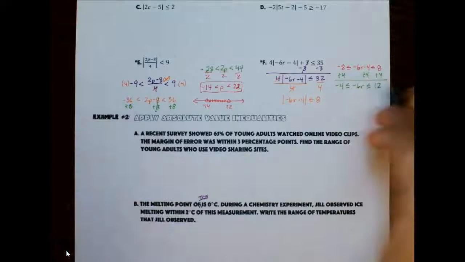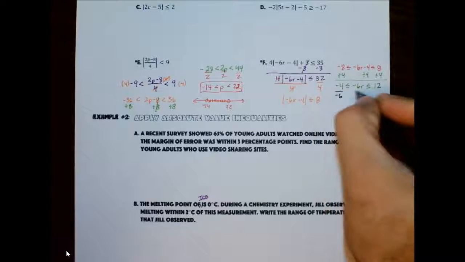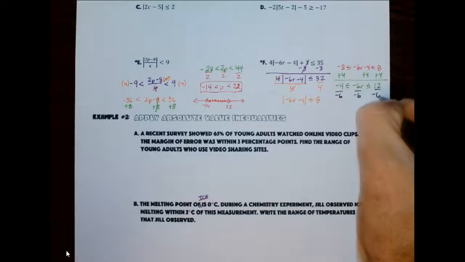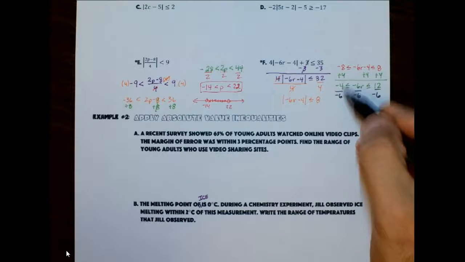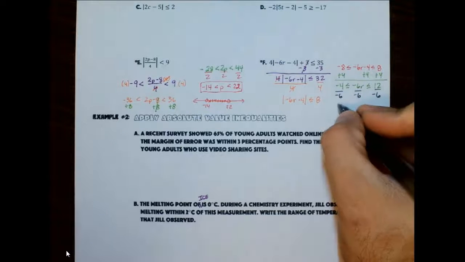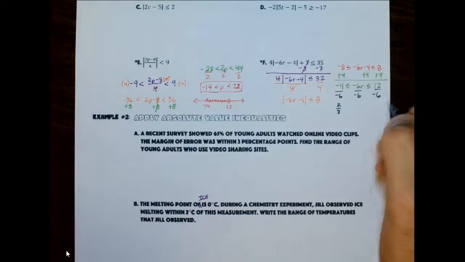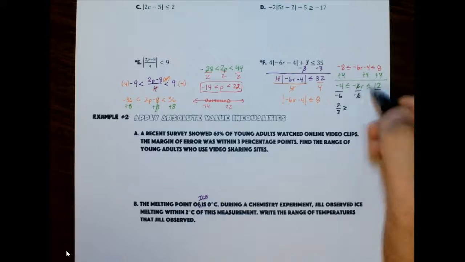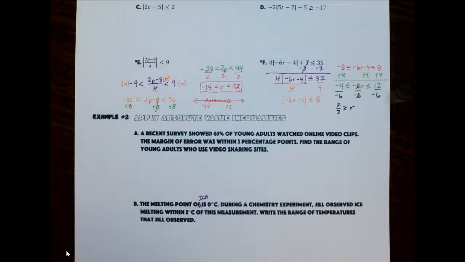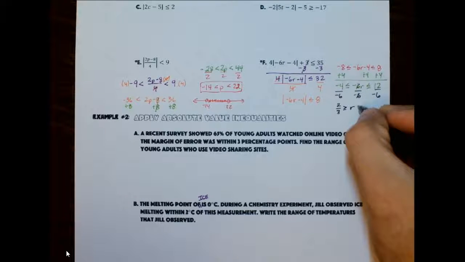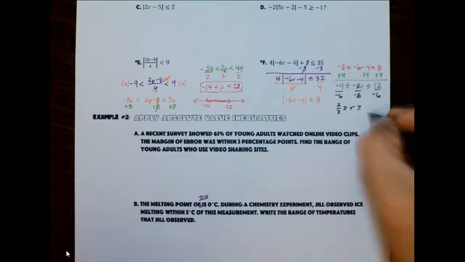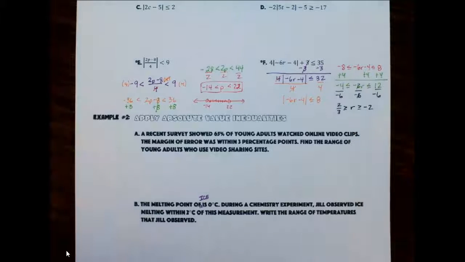From here, I want to divide everything by negative 6. Once you divide by a negative, your sign is going to flip. So negative 4 divided by negative 6 is positive 2/3 when it reduces. Flip your inequality symbol. Negative divided by negative makes positive. 6 divided by 6 is 1. Flip your inequality symbol. 12 divided by negative 6 is negative 2.